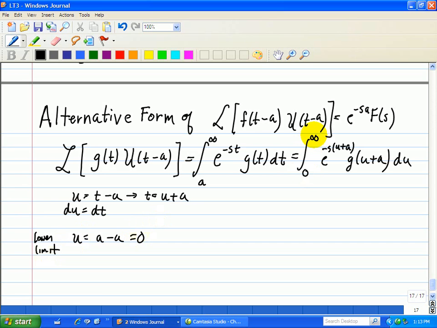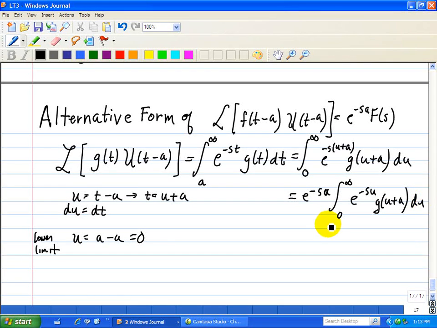Now it turns out that this function is actually equal to e to the minus sa, where we factored out the exponential, times the integral from 0 to infinity of e to the minus su g of u plus a du.